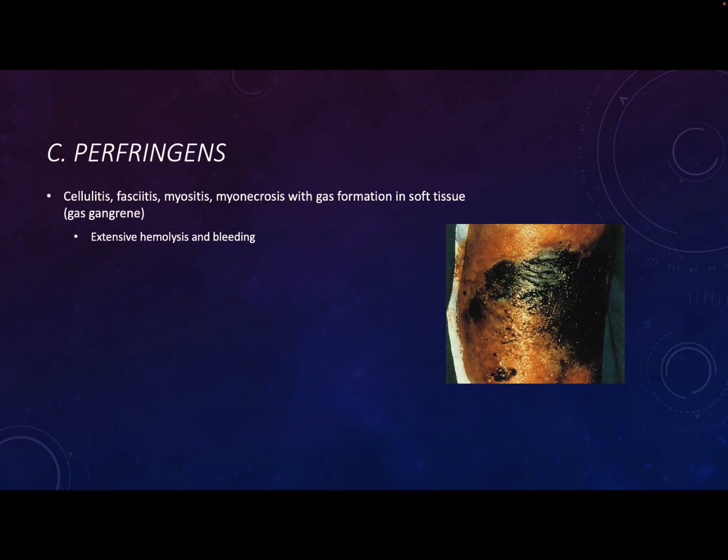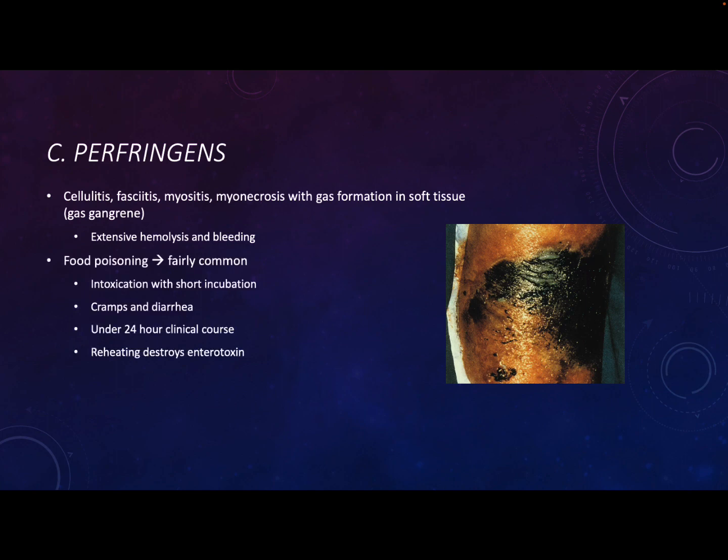Necrotizing fasciitis is the disease that can be caused by a number of different kinds of bacteria. So this is one that can do it. And of course, it can cause that muscle destruction. The myonecrosis. So you have extensive bleeding, extensive loss of red blood cells, a lot of hemolytic activity.